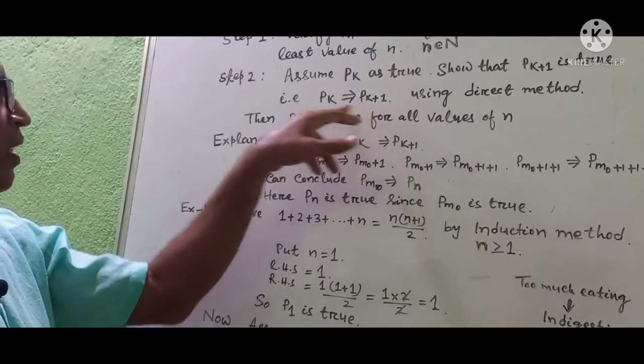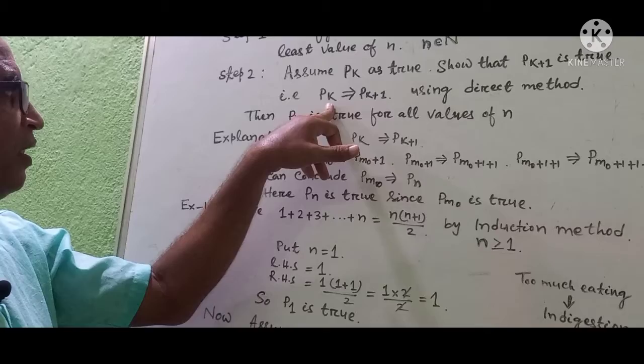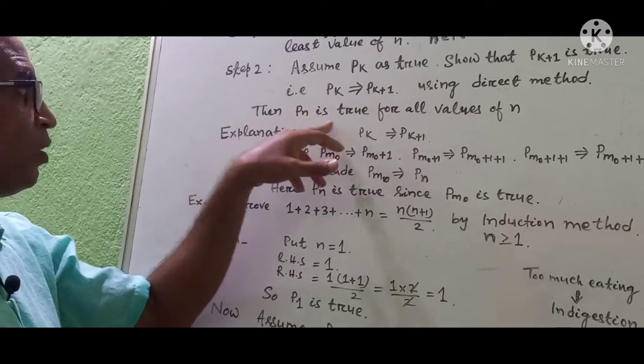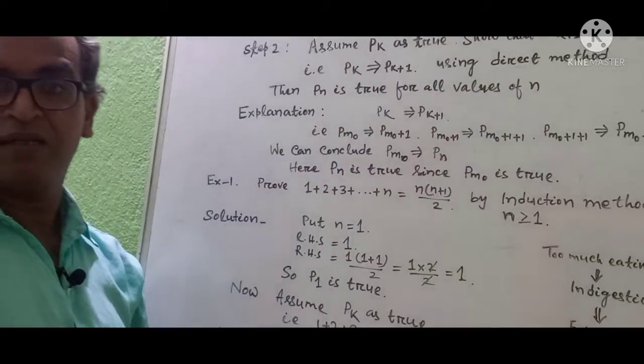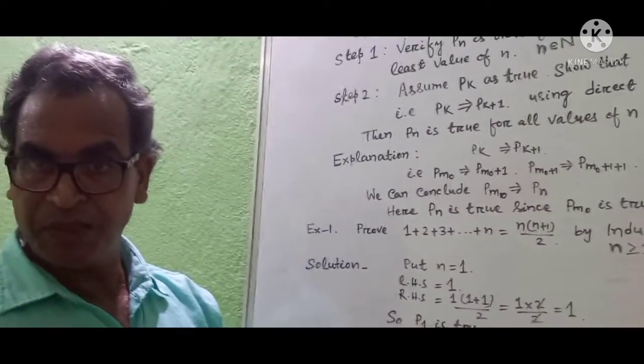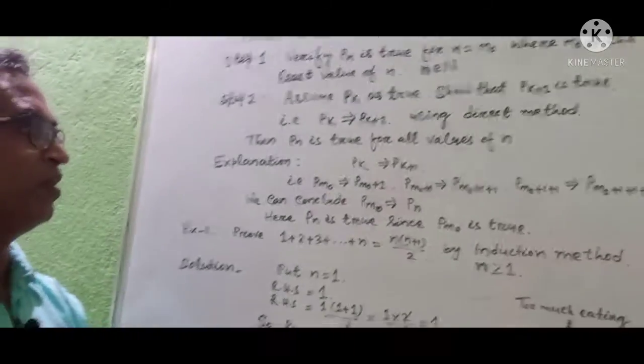If this is satisfied, then Pn is true for all values of n starting from m0, the least value.